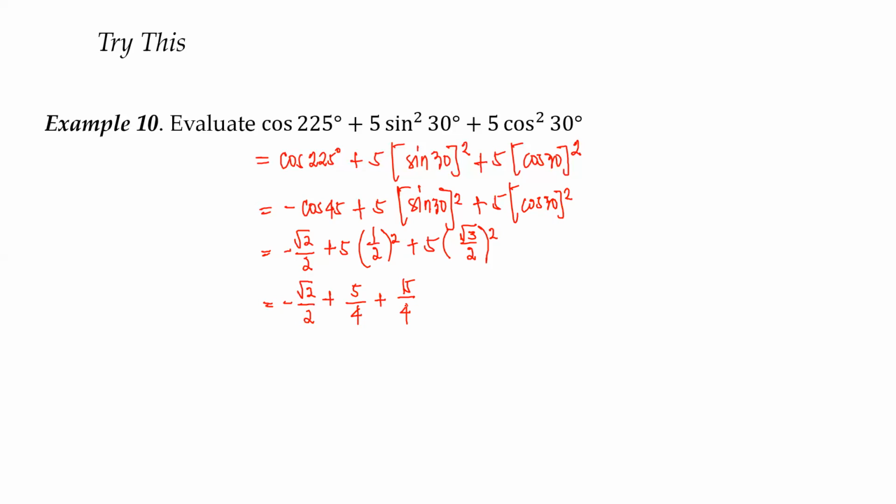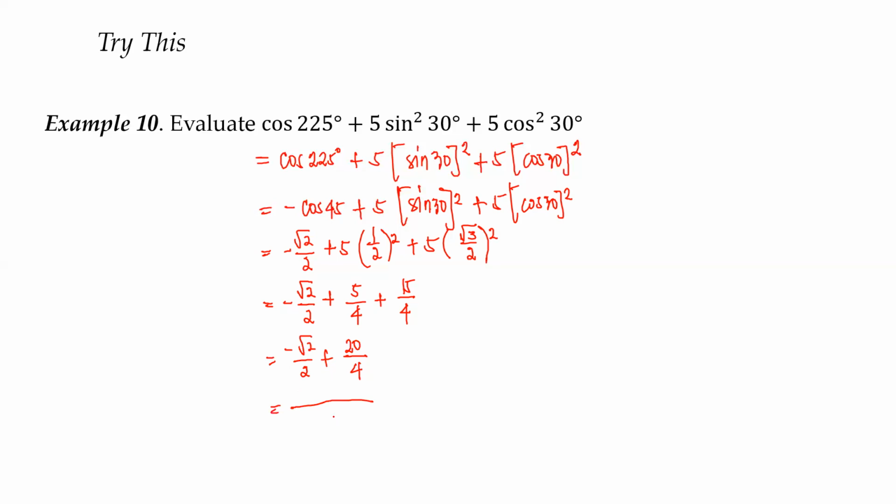Since 5 over 4 and 15 over 4 have the same denominator, they can be simplified into negative square root of 2 over 2 plus 20 over 4, right? Before we simplify 20 over 4, let us just proceed by using 20 over 4, okay? The least common denominator would be 4.